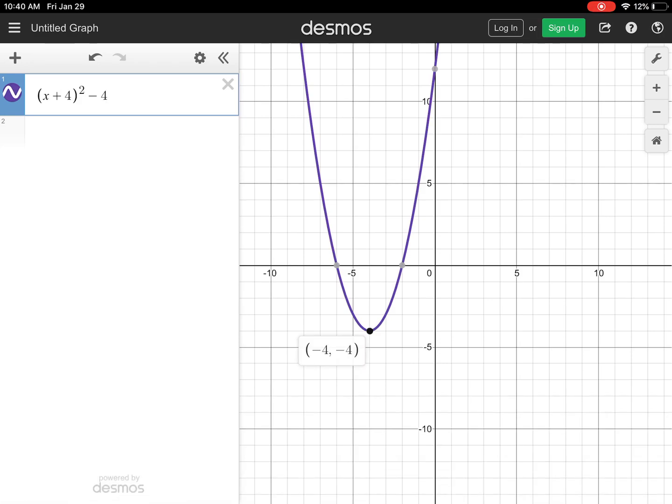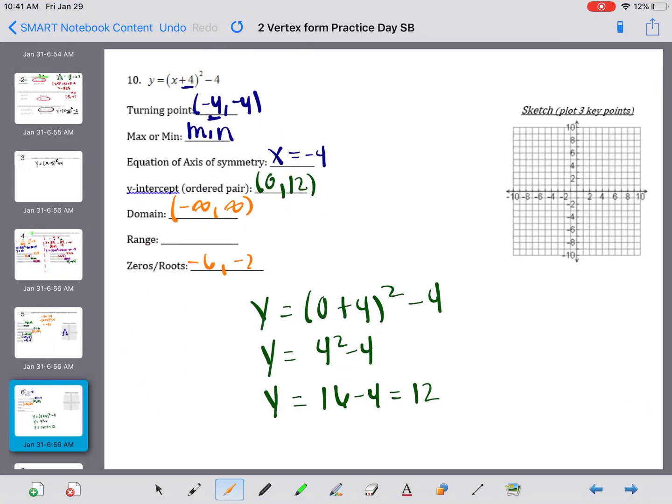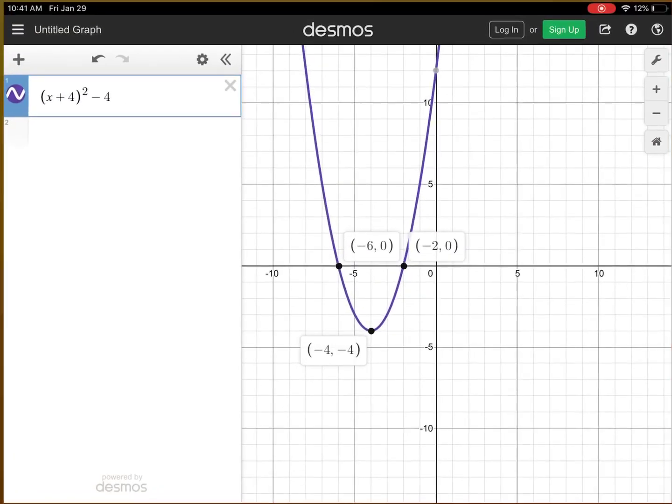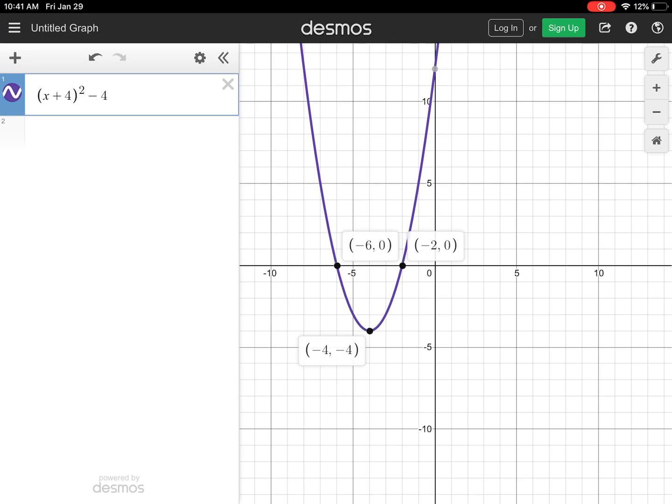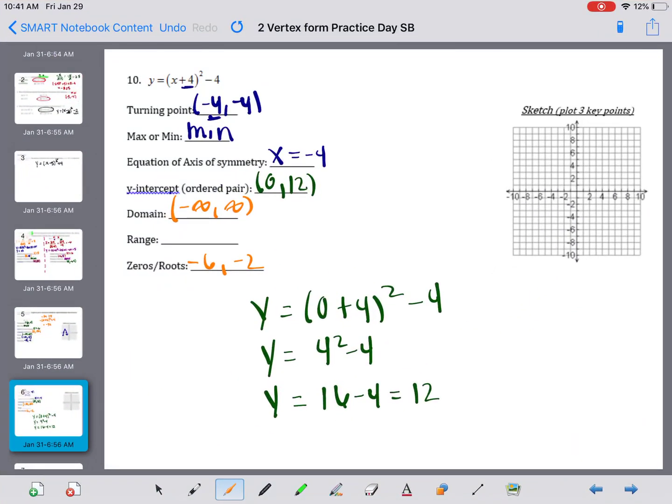So our turning point looks good, negative 4, negative 4. Our zeros are negative 6 and negative 2, so I'm going to write that down. Negative 6, negative 2. And our range goes from bottom to top. So the lowest our graph goes is the y value of our turning point, which is negative 4, and it's going all the way up towards infinity. So our range is from negative 4 to infinity.